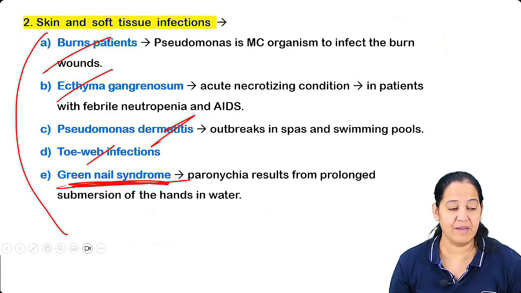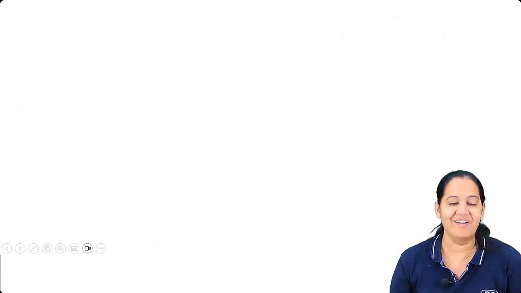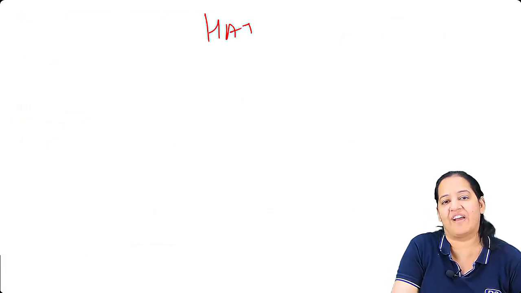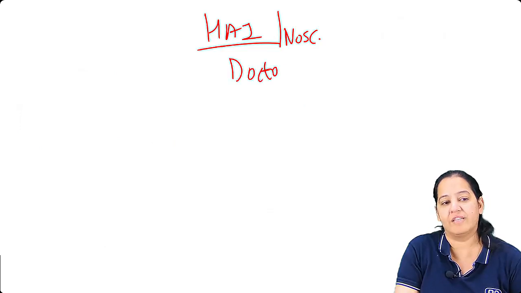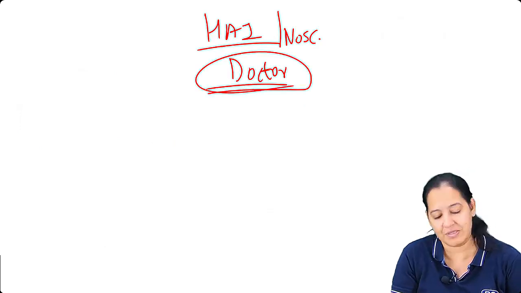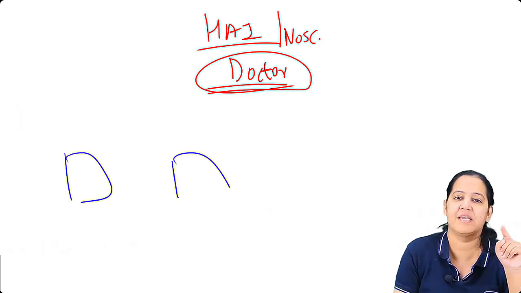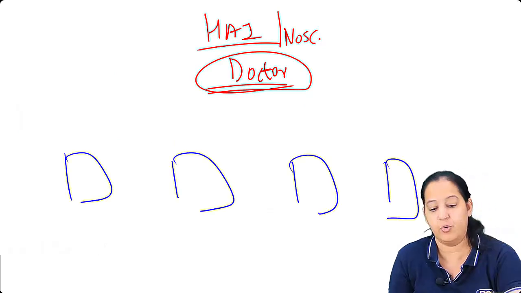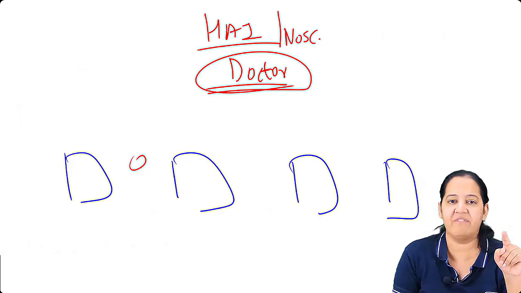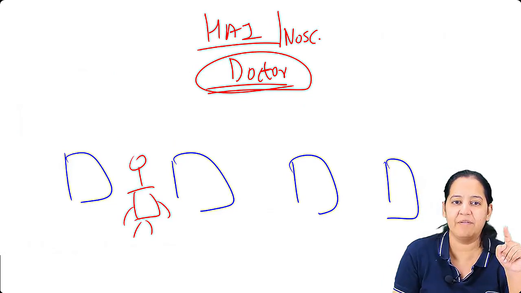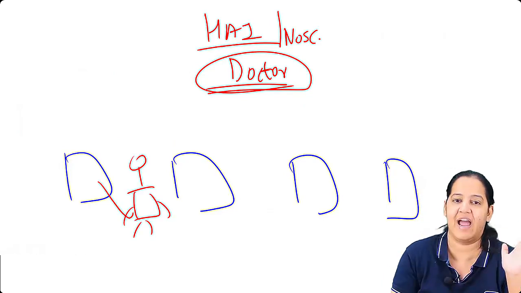No, Saeed, hospital will not be liable for that infection. You are a doctor now. Listen, what is the most common cause of hospital acquired infection or nosocomial infection? The most common cause is the doctor. Yes, you, me, we all are the most common cause because we have many patients in our hospital. So what we doctors do, we examine one patient, right? We examine one patient and without sanitizing the hand, we touch the other.